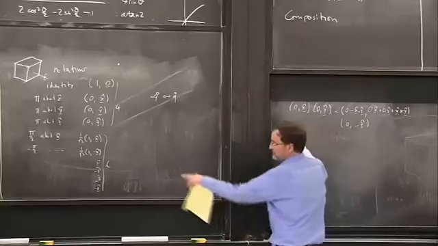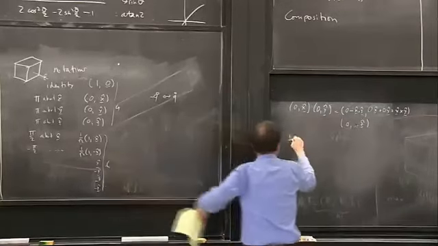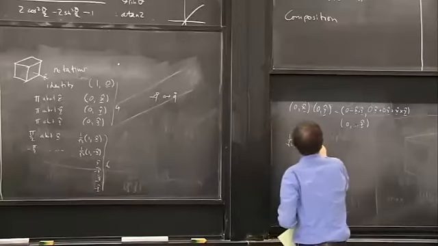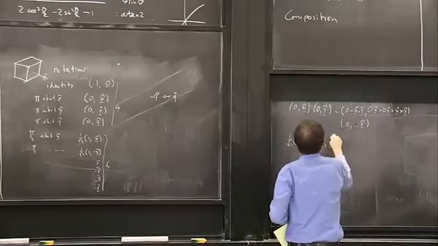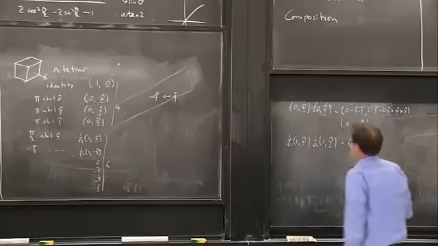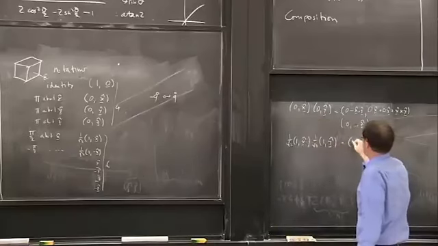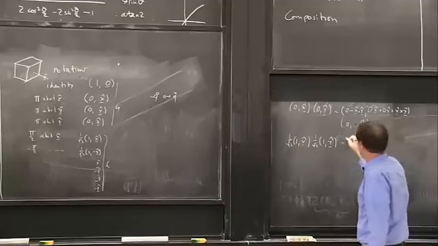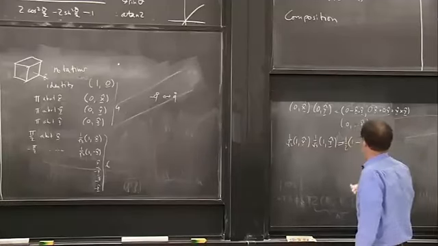Let's take some of these: 1 over square root of 2, 1x, 1 over square root of 2, 1y. Okay, that's going to be more interesting. 1 times 1 is 1, minus x dot y is 0. And the 1 over square root of 2 gives us 1/2.